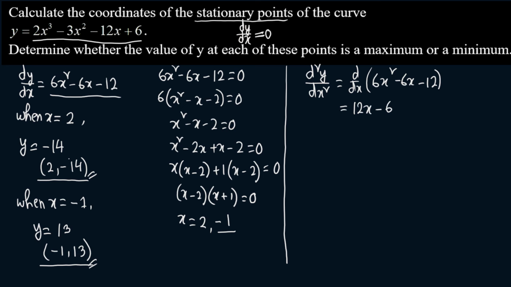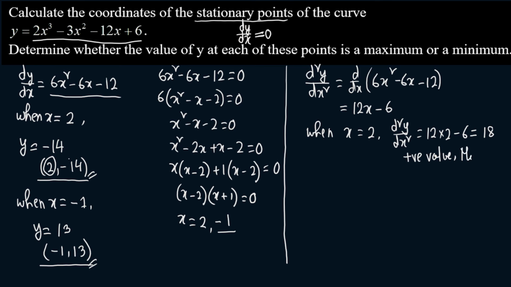Now we are going to put in the value of x. The first value of x is 2. When x equals 2, the double differentiation d square y by dx square gives us 12 into 2 minus 6, which is 18. So 18 is a positive value, and a positive value stands for the point being a minimum.